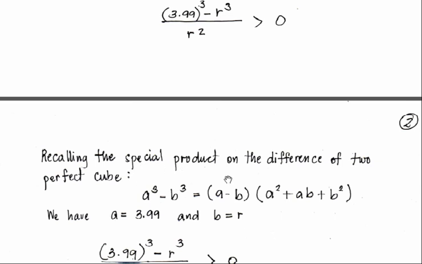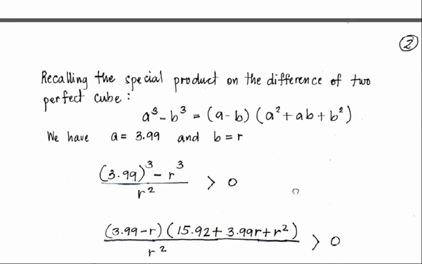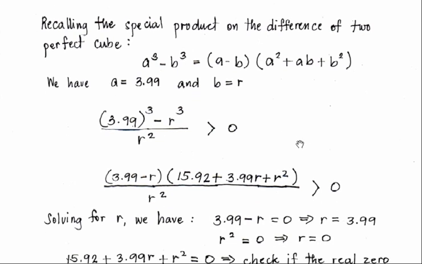Recalling the special product on the difference of two perfect cubes, a cubed minus b cubed factors as a minus b times the quantity a squared plus ab plus b squared. So we have a equals 3.99 and b equals r.